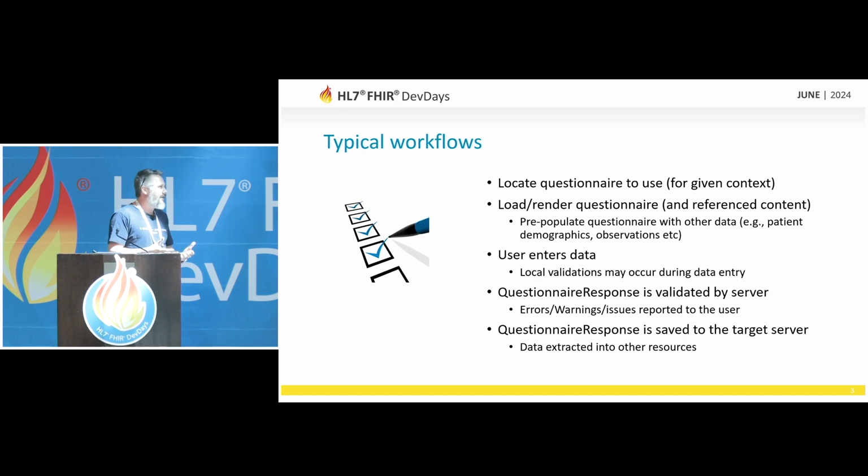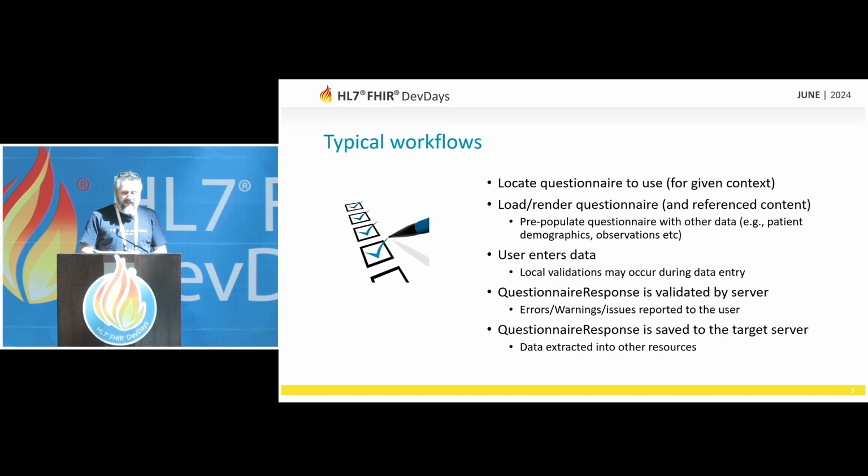Then you've got that boring section where the actual user interacts with the form and enters that data, during which you'll get some validations, because it really sucks to get to the end of a 12-page thing and be told, here is your ream of errors that you need to go and resolve. So we want that as it goes through, which is really neat. Then the response gets validated by the server as you submit it, and then we'll post that, or once we've finished it, send it somewhere, and possibly do other activities with that content once it's saved.